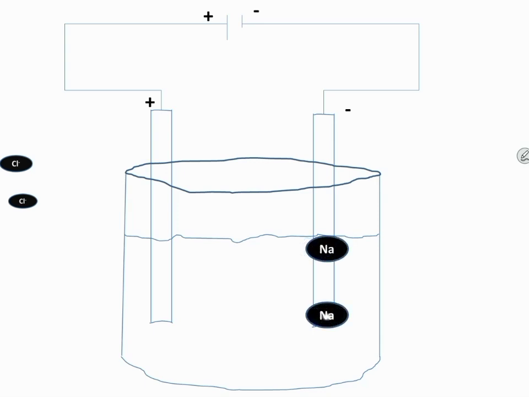And you know that a metal sticks on metal, so this sodium is going to be sticking on the rod as normal Na, not as Na plus this time around. It comes out of the solution and sticks as the visible metal.